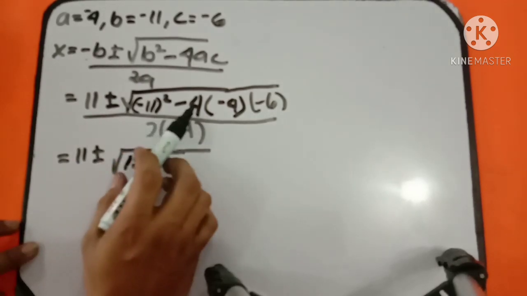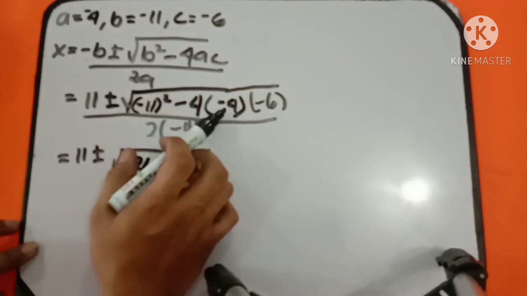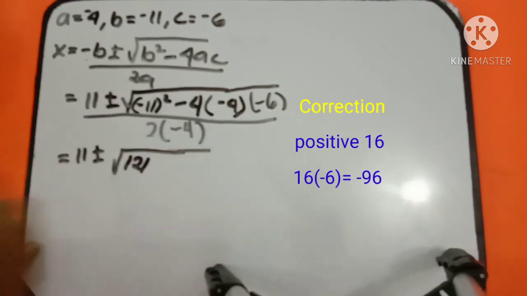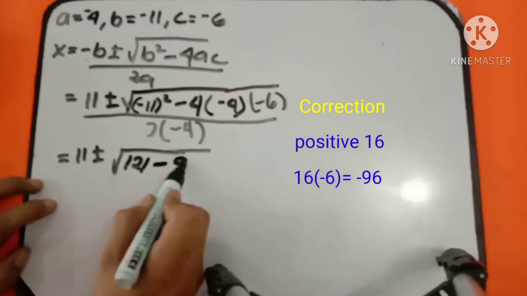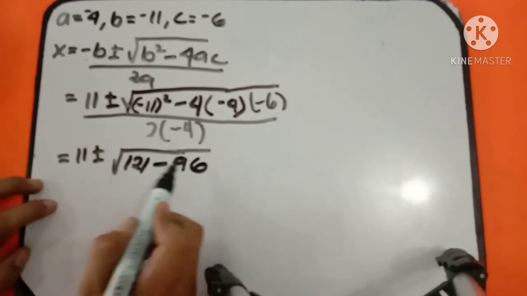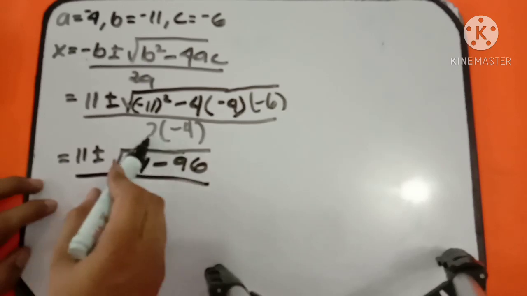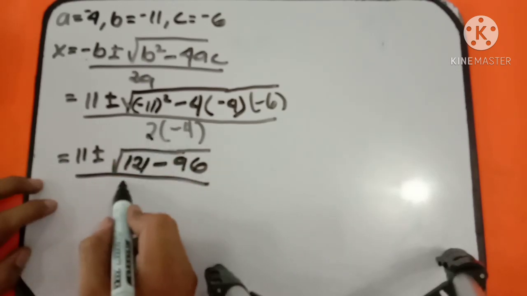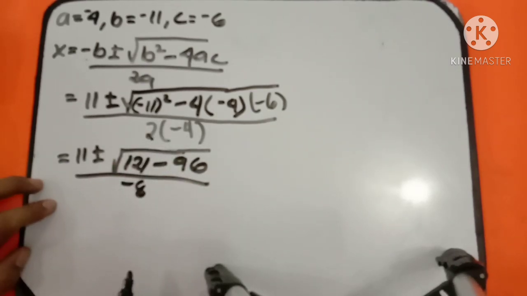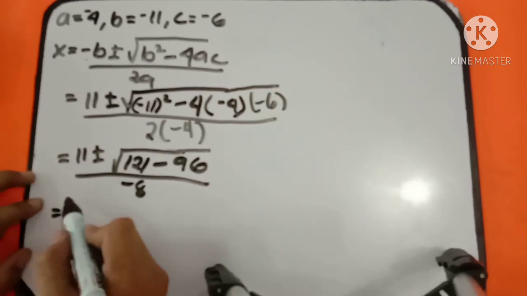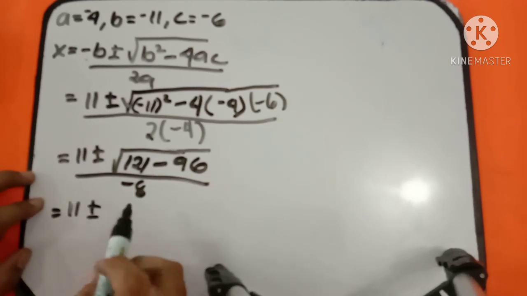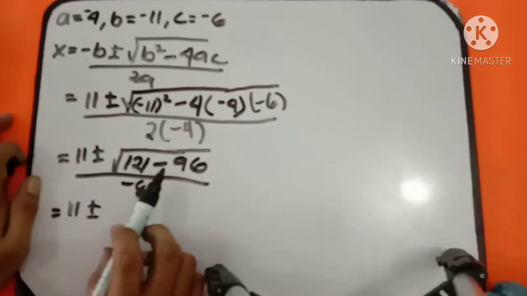Then negative 4 times negative 4 is negative 16. Negative 16 times negative 6 will give us 96. Then all over 2 times negative 4 will give us negative 8. Then copy also 11, positive, negative. 121 minus 96, the difference is positive 25.